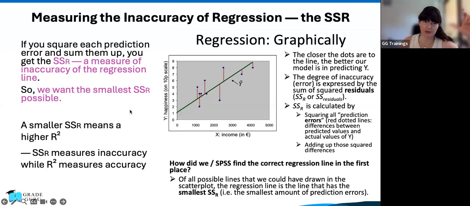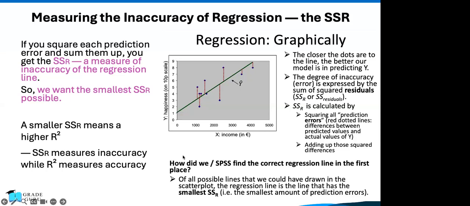Residual literally comes from the word residue, right? So it's like leftover. It's another word used for prediction error. But essentially, you're squaring and summing all of the prediction errors. Okay, thank you.